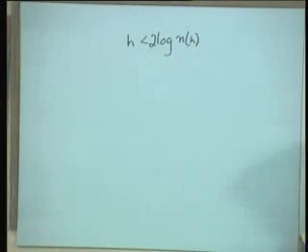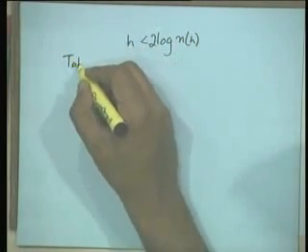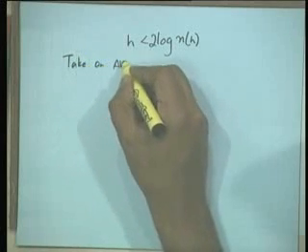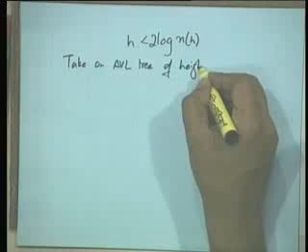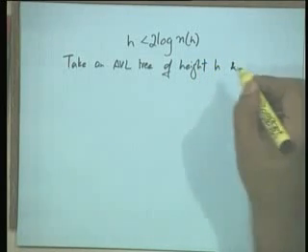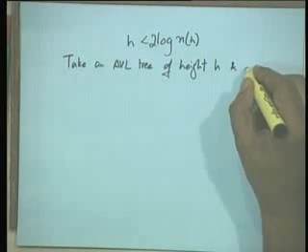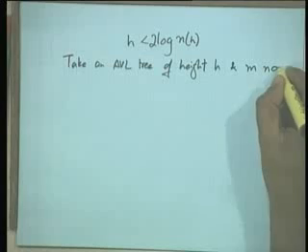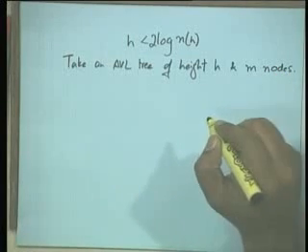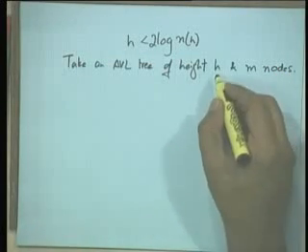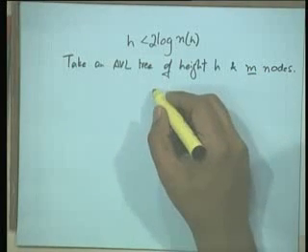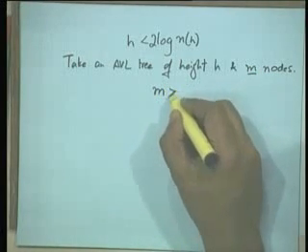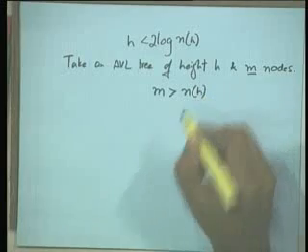Now take an AVL tree of height h, and let me call its number of nodes m. So its height is h, it has m nodes in it. What does this imply? M is greater than n of h.